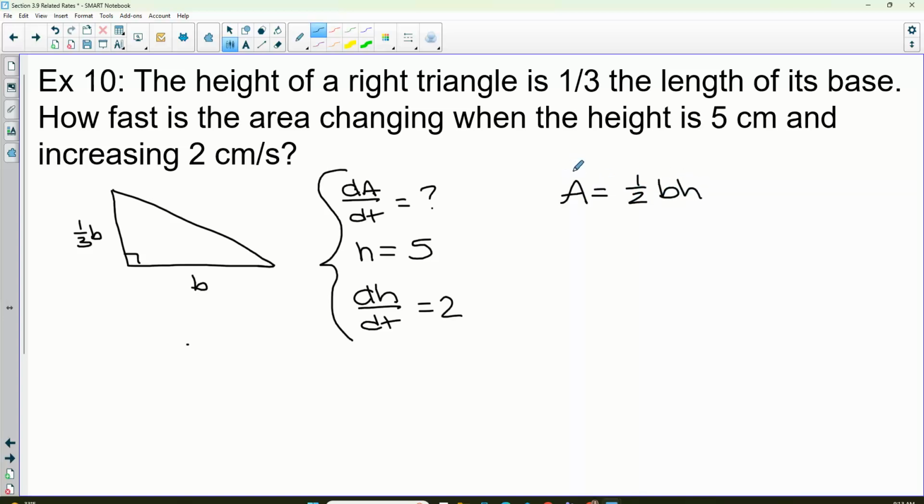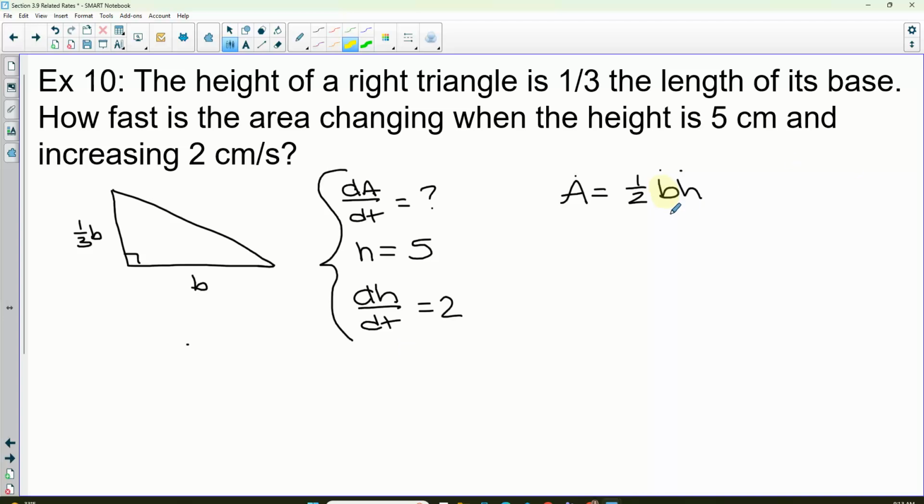So when I look at that, I currently have 3 variables, A, b, and h. I am looking for dA dt. I have dh dt. Do I have b? Kind of, yeah. I can find out what my base is at that particular instant.